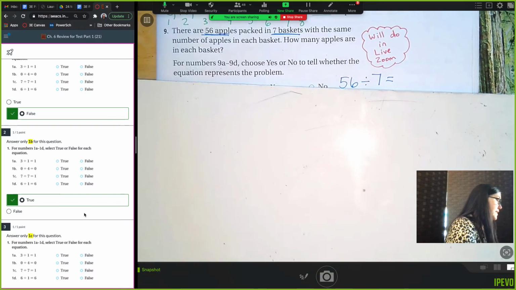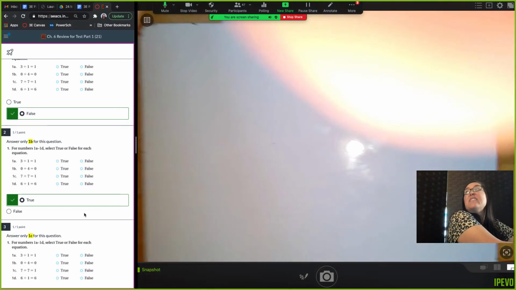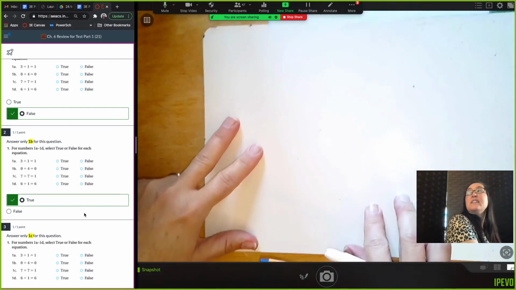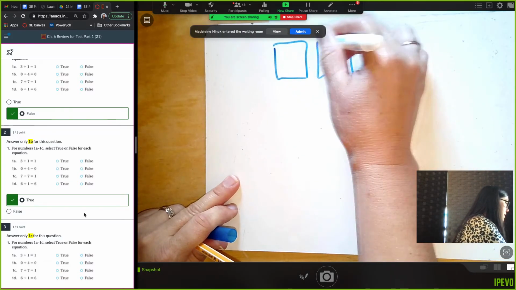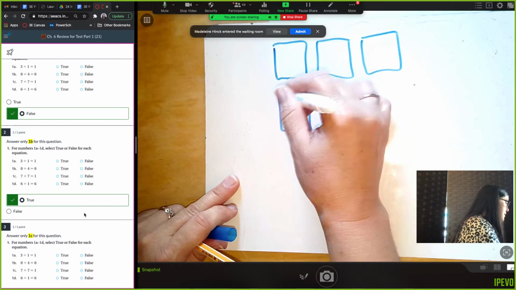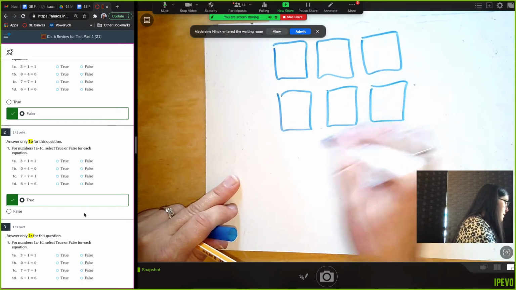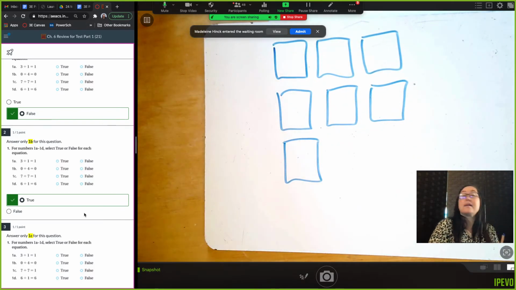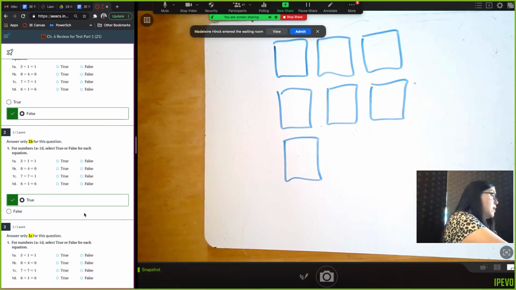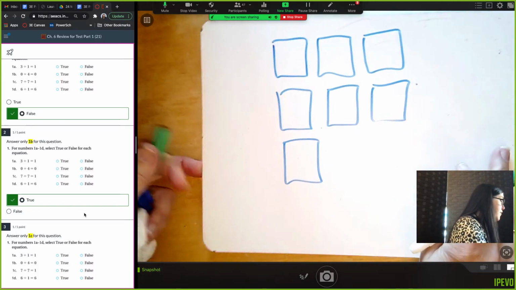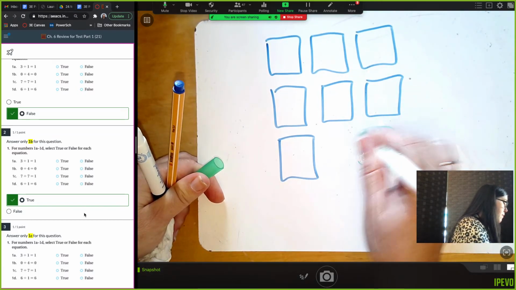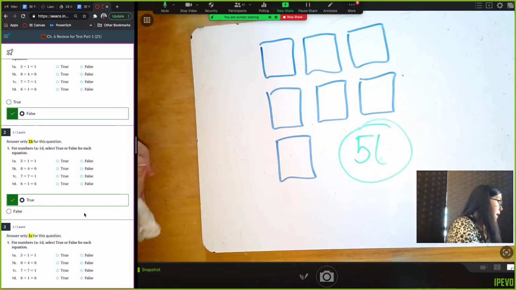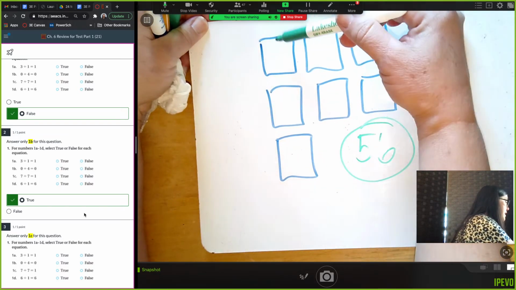If we've got 56 divided by 7, I'm going to take and make my 7 baskets. Okay, there's my 7 baskets. I'm going to put an equal number of apples until I get to 56. So 56 is my target number, right? I'm going to stop when I get to 56. I'm going to use tallies.